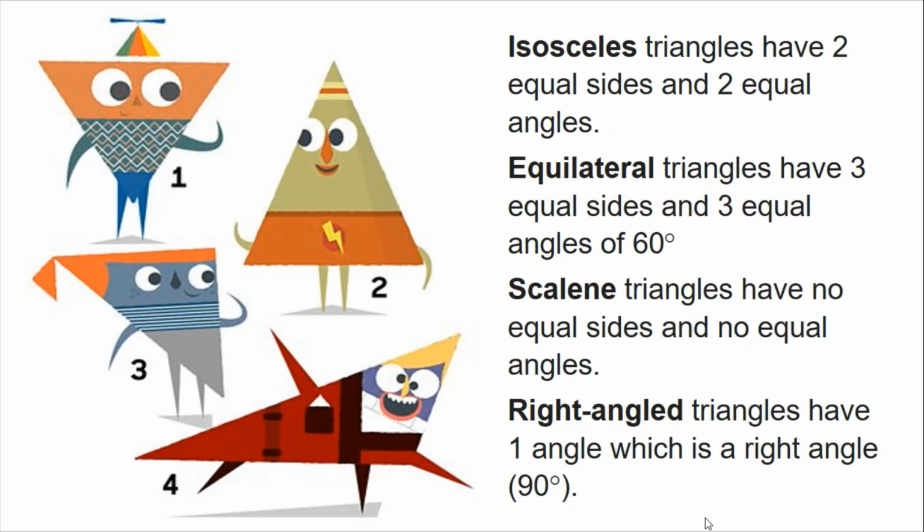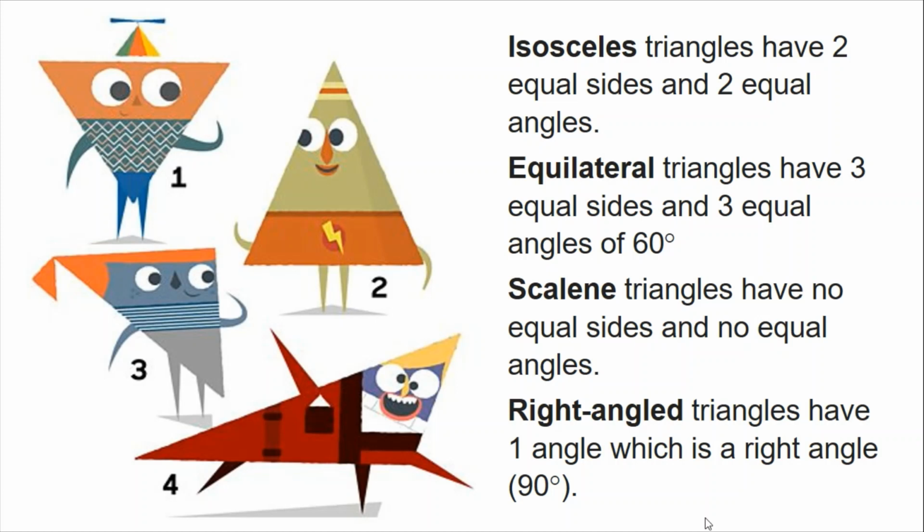Now, I want you to have a look at these pictures and see if you can work out which is which. Some of them have been rotated round, as I said would happen, but you can still look out for those key properties. Remember that an equilateral triangle will be equal all round, so all the sides will be the same. Remember, a right angle triangle will have a right angle somewhere on one of its points.